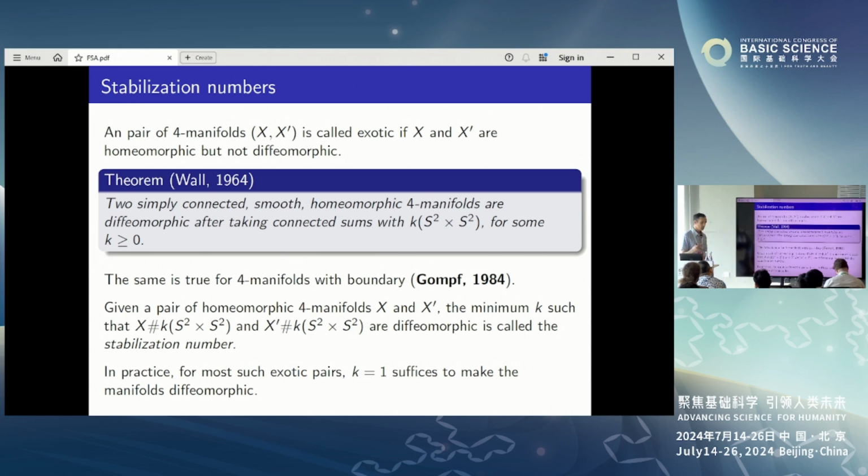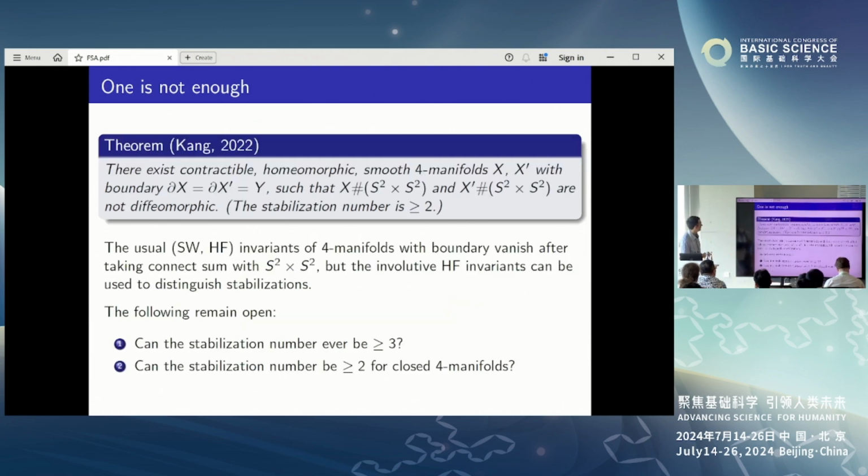Okay, so then at some point, Jianfeng found a counterexample in terms of diffeomorphisms. There's an analogous statement about diffeomorphisms instead of just structures on the manifolds. But it turns out to also be false for manifolds, at least for manifolds with boundary. So there is a theorem of Kang from 2022.